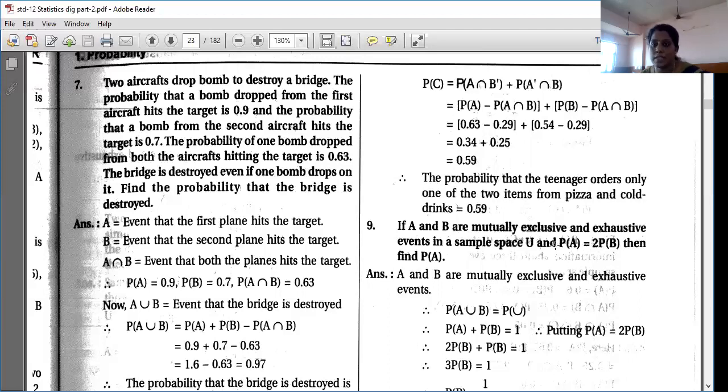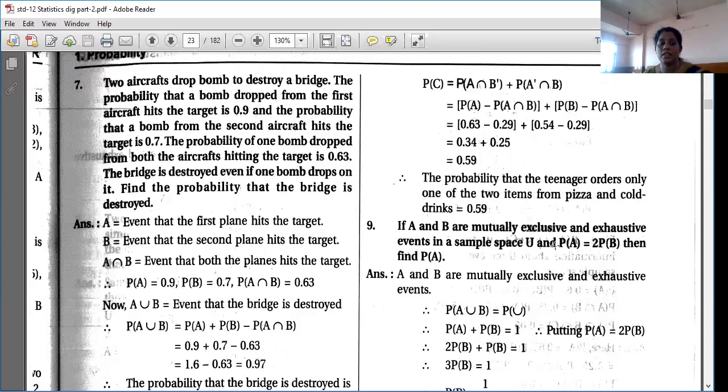So first, what you have to write, what is given, means what is A. You know that it is based on the formula P of A union B. That means you are having three things: P of A, P of B, and P of A intersection B. So here you have to first write what is A. A is the event that the first plane hit the target.